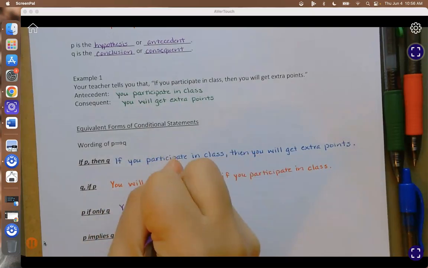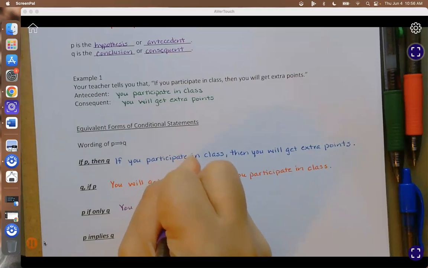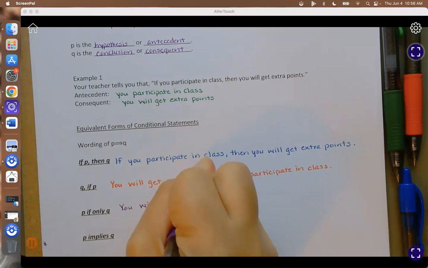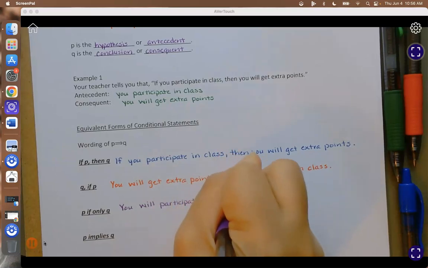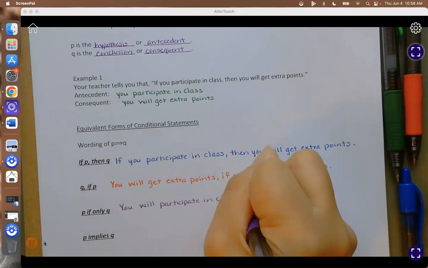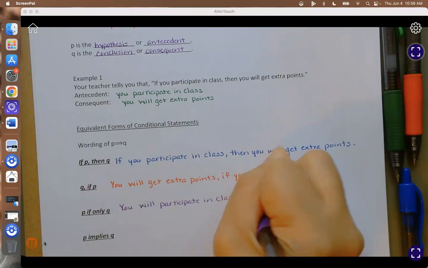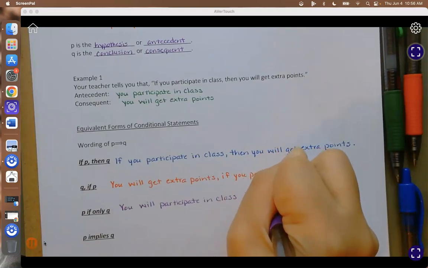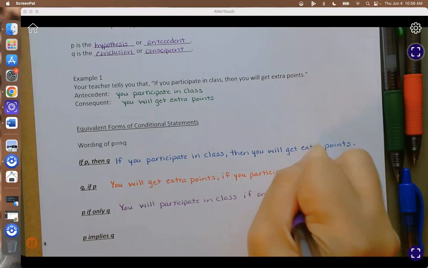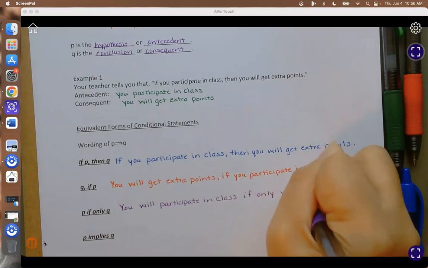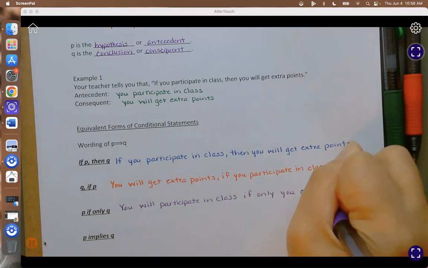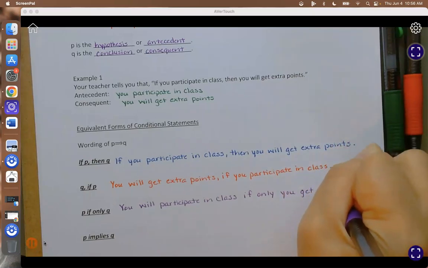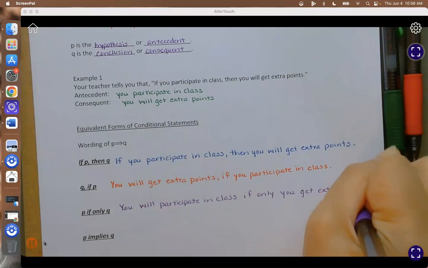You will participate in class only if you get extra points.